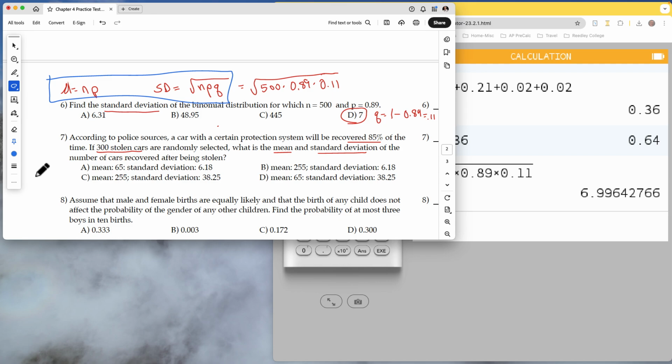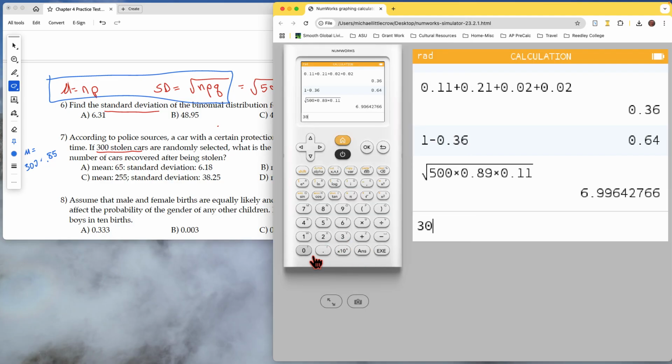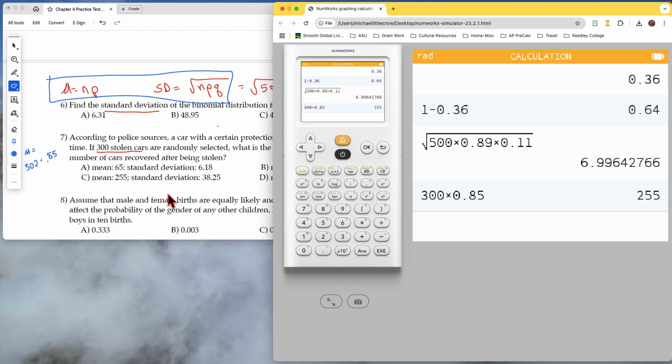So the mean is going to be 300 times 0.85. That's 255.